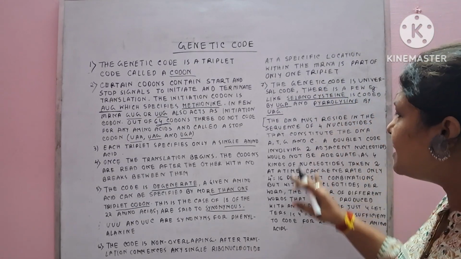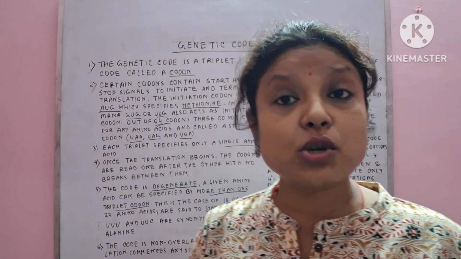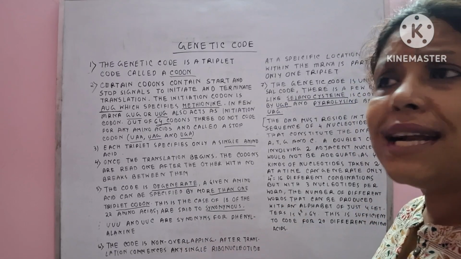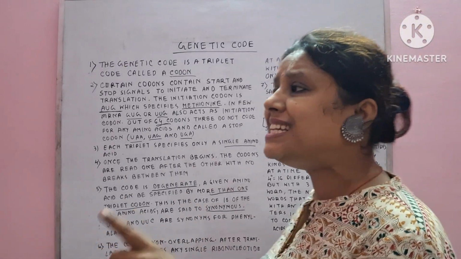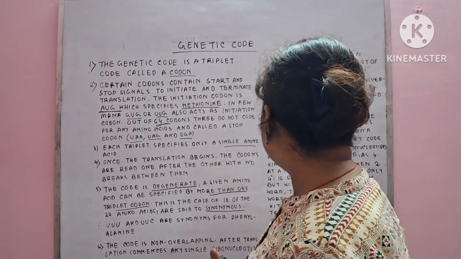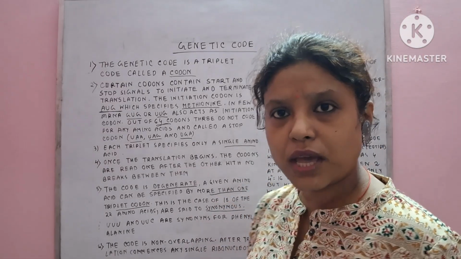Here, another thing is why the codon is a triplet and not a duplet. We know that DNA has A, T, G and C: adenine, thymine, guanine and cytosine.